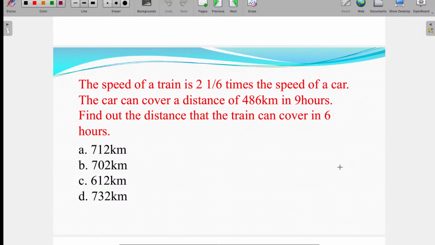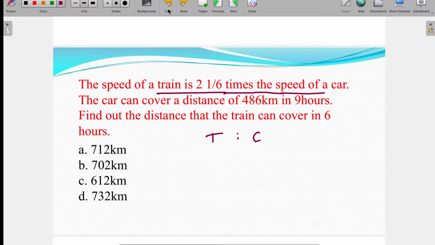Say now this. The speed of the train is 2 1 by 6 times. First we can write the ratio of the speed between car and train. Yes or no? According to that statement, I can write the speed ratio between train and car. Tell me, what is the ratio between train and car? 2 1 by 6 means 6 twos are 12 plus 1, 13 by 6, which means train speed is 13 by 6 of the car speed, so train is to car will be 13 is to 6.